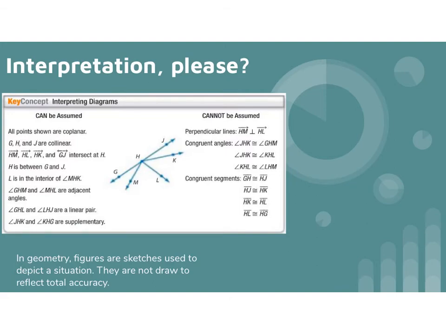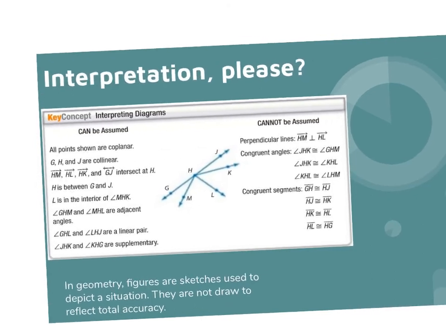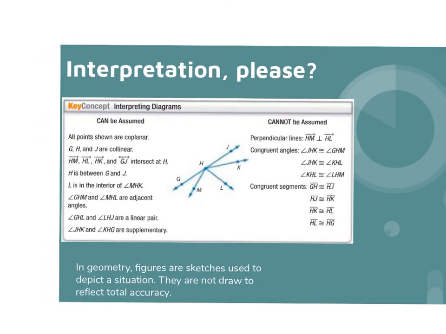Now let's look at an interpretation, so that we understand what we can and cannot interpret from a diagram. Because in geometry, figures are sketches used to depict a situation, but they are not always drawn to reflect total accuracy.